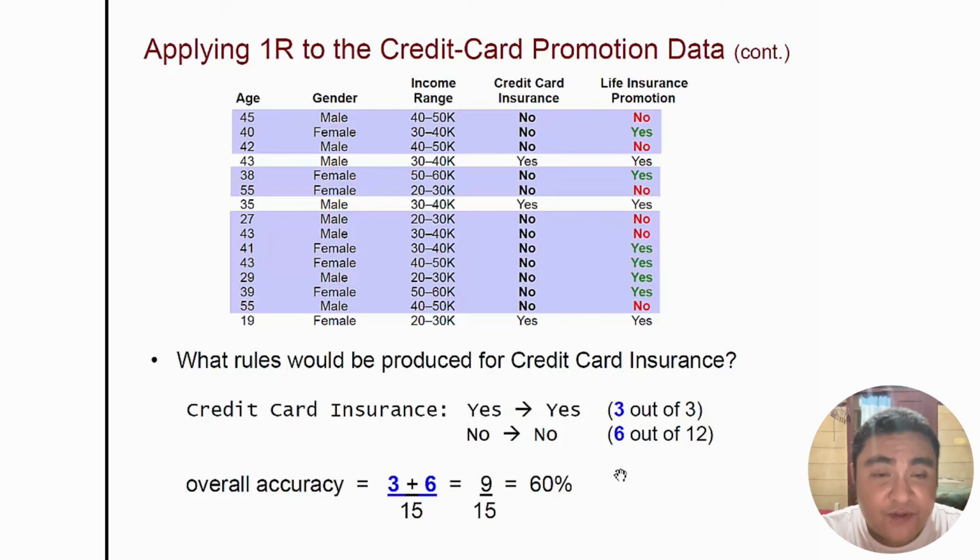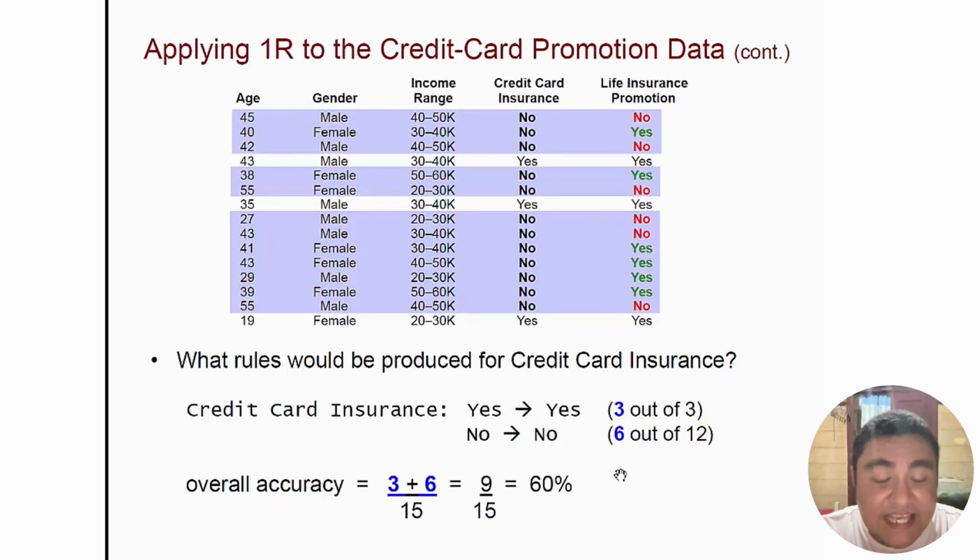Now for those who said no, out of 12, you only got 6. Those who don't have credit card insurance will most likely not receive a life insurance promotion.